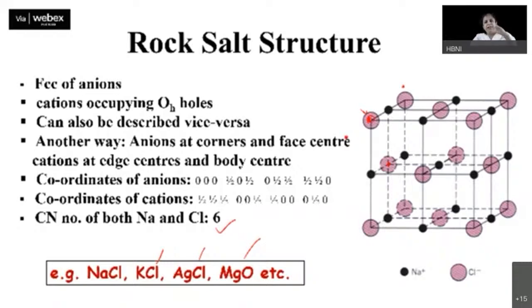By shifting my origin by half along any of the axes, either x-axis this way or y-axis this way or z-axis, I can make sodium as my FCC lattice, and now chlorine will occupy the octahedral voids, which are edge center and body center.